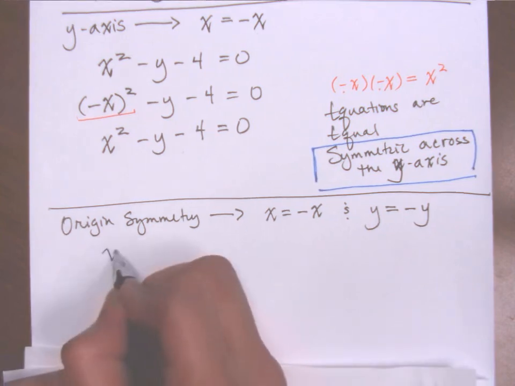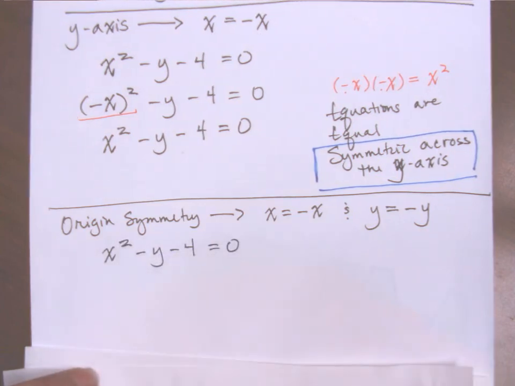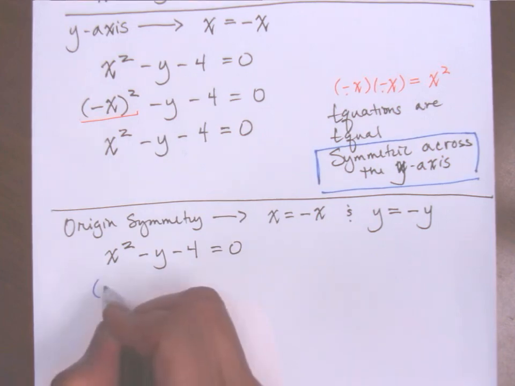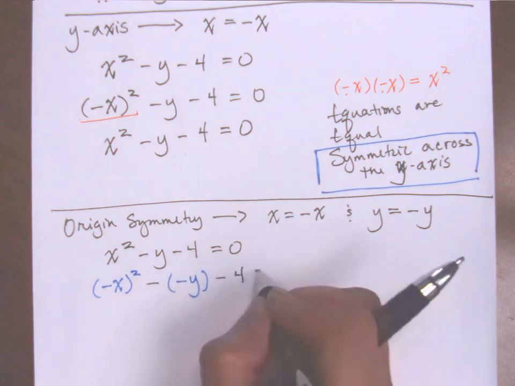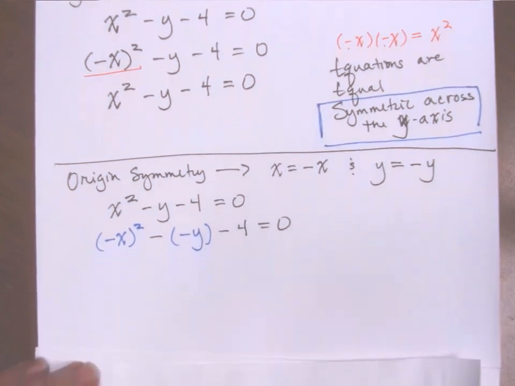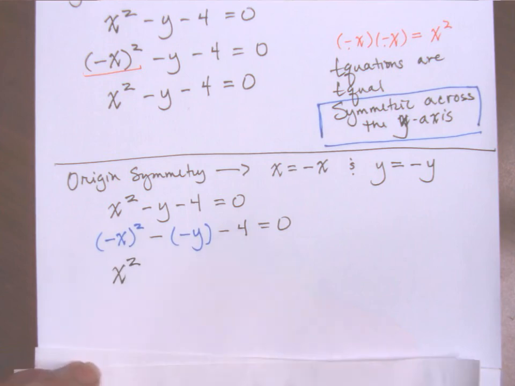So my original equation is x squared minus y minus 4 equals 0. And I need to make these replacements, so I'll do it in blue so we can see them. Okay, so there are my two replacements. And I need to simplify. We saw earlier that negative x squared is going to give me positive x squared. We know that the double negative property means I'm looking at addition here.